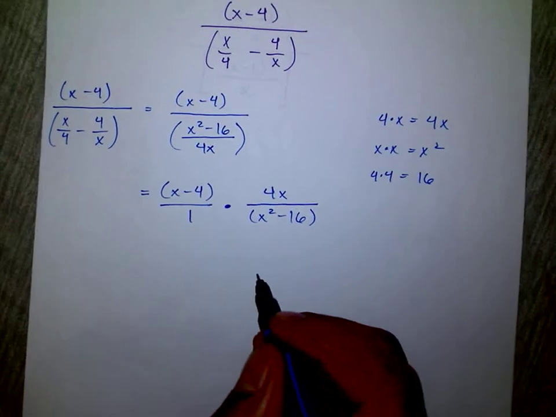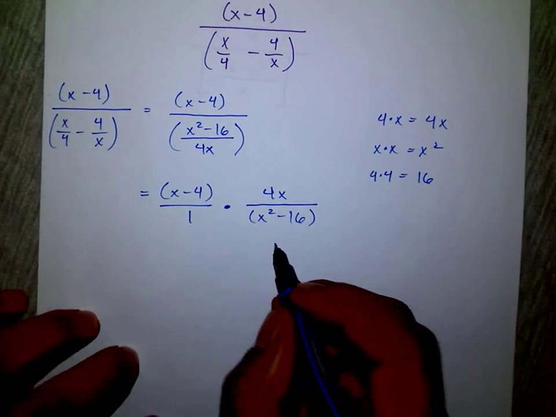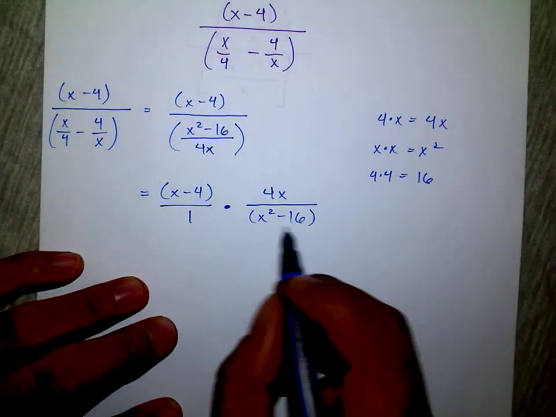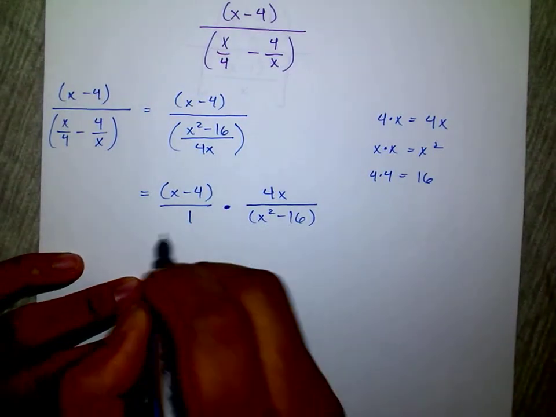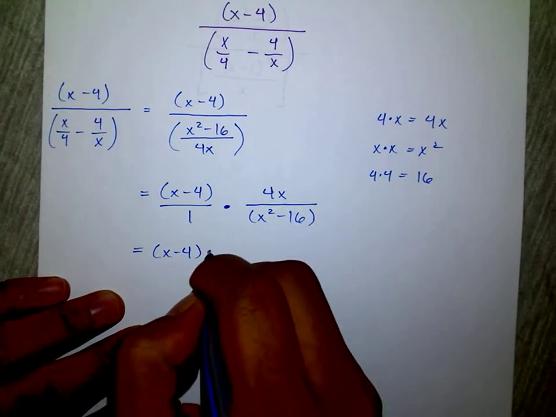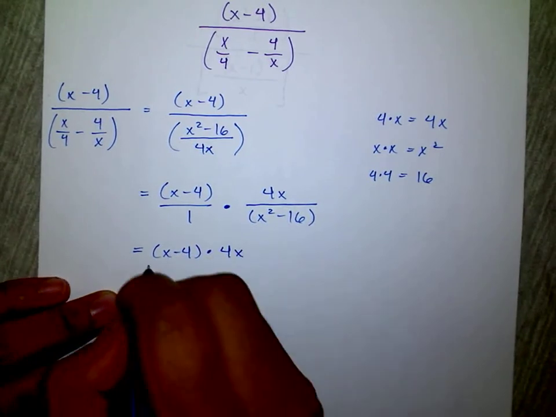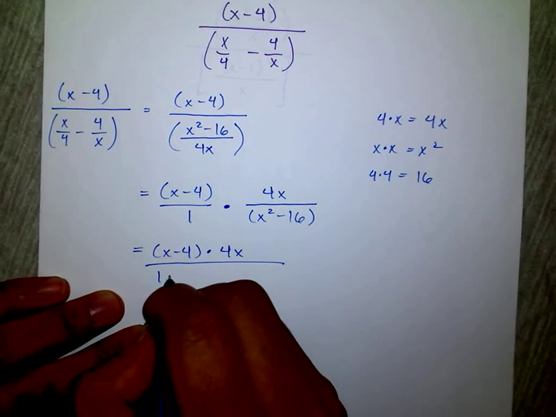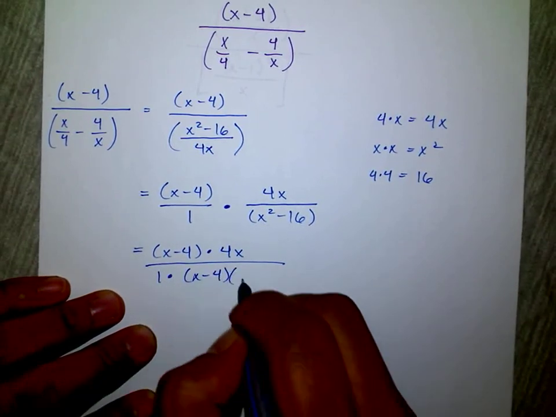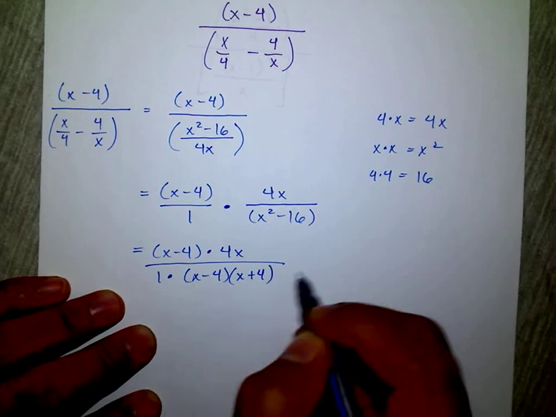Now, as we continue to take this a step further, we can go ahead and factor this. This is a difference of squares. So when we do that, we're going to have x minus 4 times 4x over 1 times the difference of squares, x minus 4 times x plus 4.